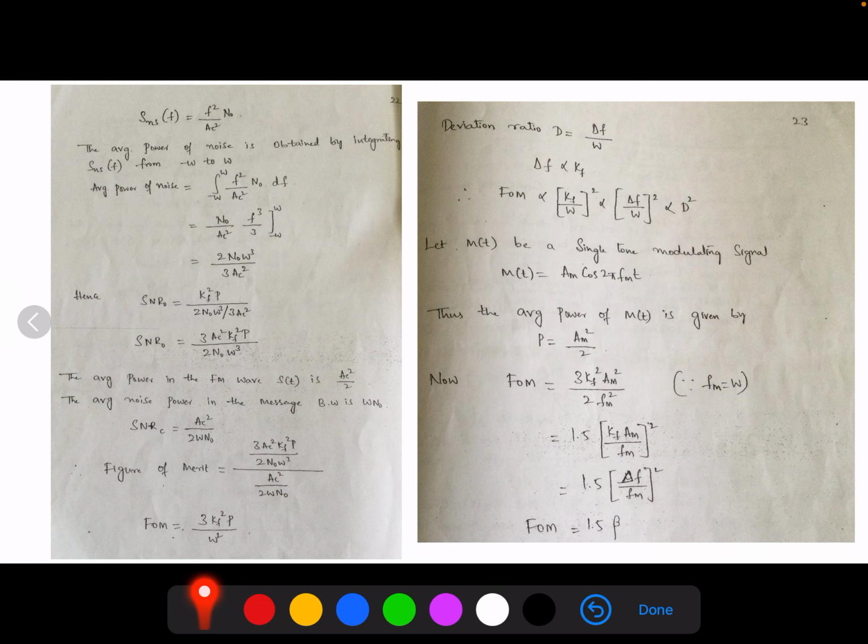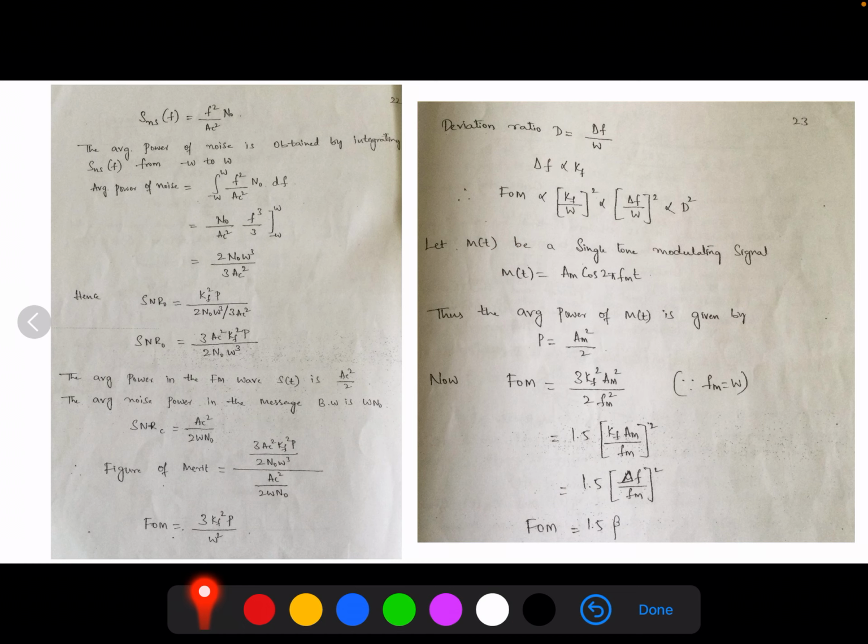Also, by definition, the deviation ratio D is equal to the frequency deviation delta f divided by the message bandwidth W. In other words, we can also say that the deviation ratio D is proportional to kf into P to the power of 1 by 2 divided by W. The figure of merit of a wideband FM system is a quadratic function of the deviation ratio.